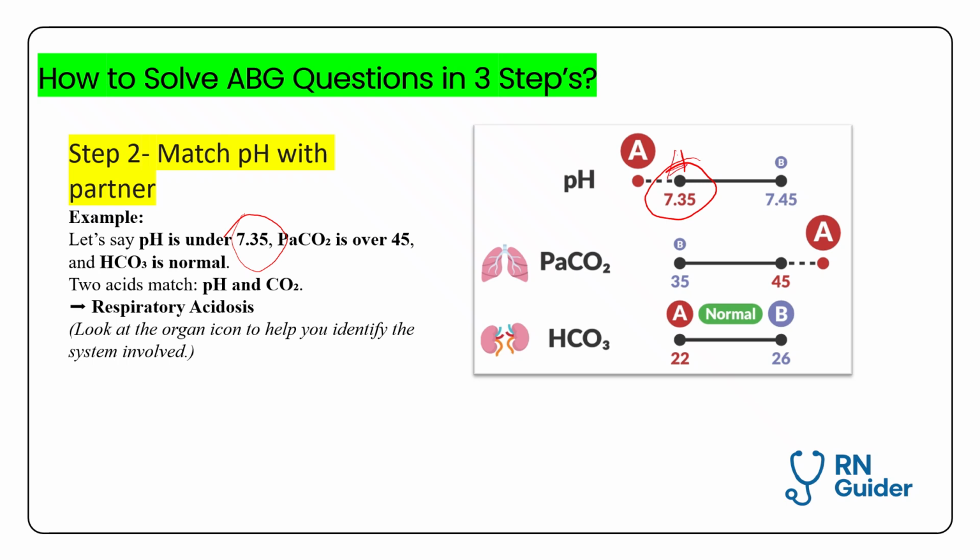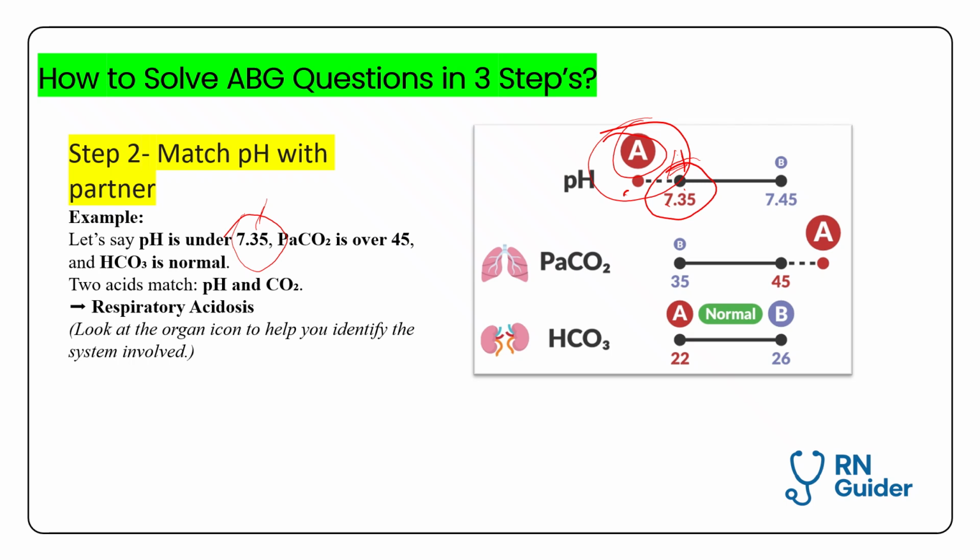A. So pH is acidosis. So the first step is complete. pH under 7.35 means A, this is acidosis. So we got this pH value is acidosis.